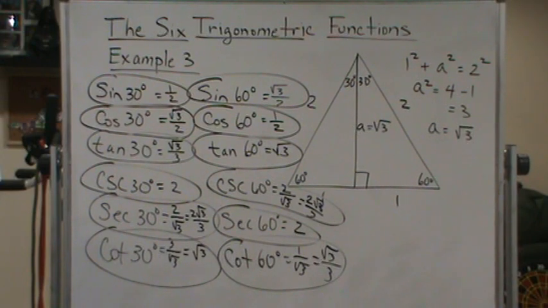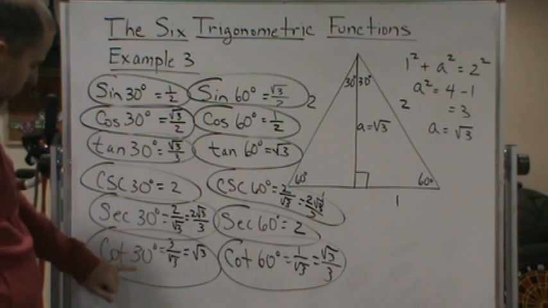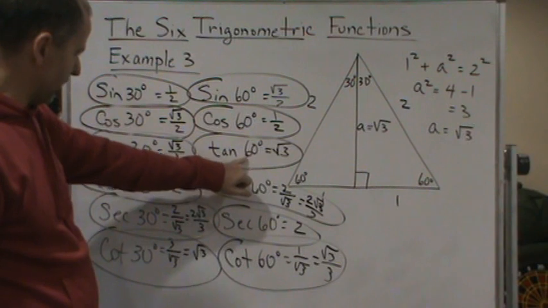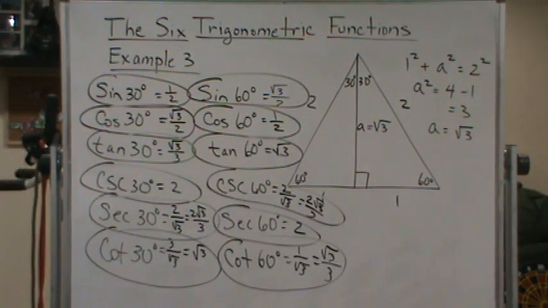Notice that each one of those that are the same, for example cotangent 30 and tangent of 60, are such that 60 and 30 are complementary angles. They always add up to 90.